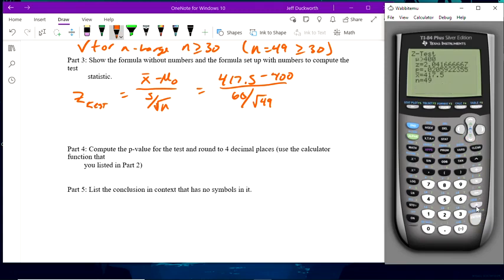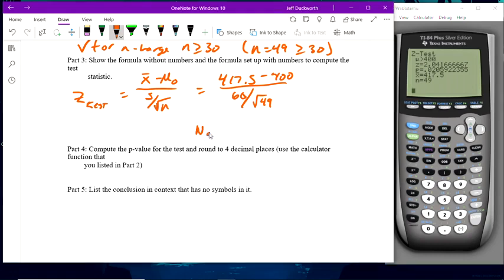So we don't need to answer this in part 3 because it wasn't required, but note that the z-test equals this 2.04. That's what we see right there as the z. So the p-value is what stated as p there, so our p-value equals 0.0206 if we're rounding to 4.